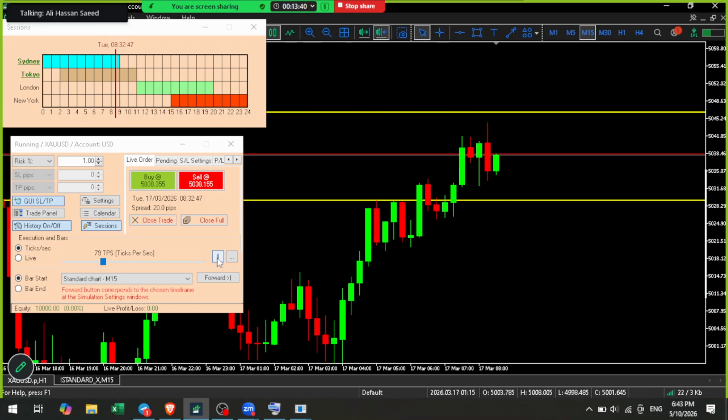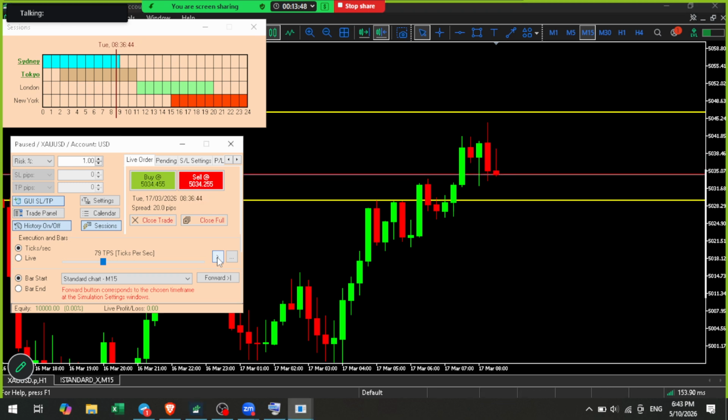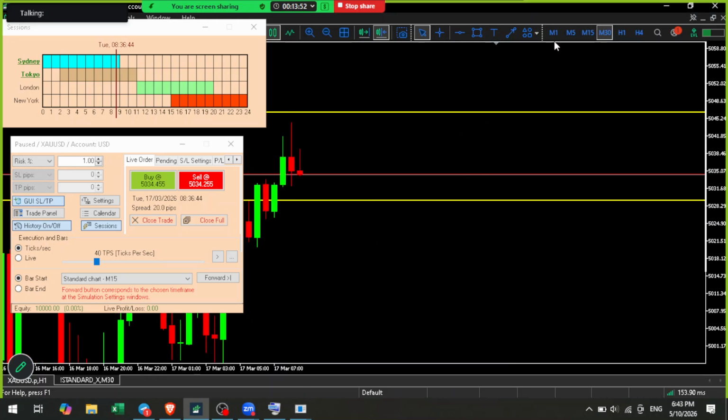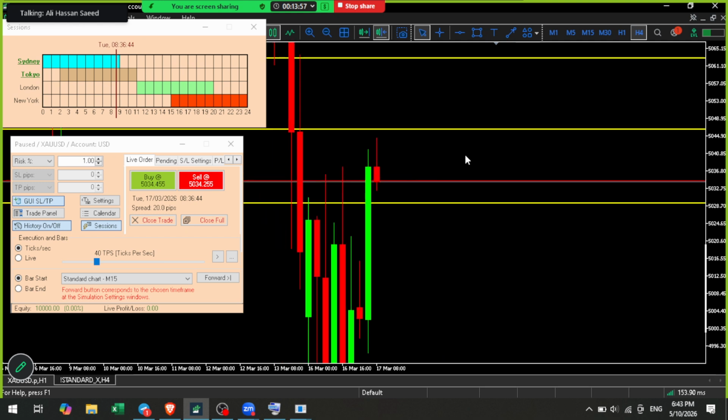30-minute closed, and now the next 30-minute is going, could be a sell. 4 hour, how is the 4 hour doing? 4 hour broke the previous 4 hour candle's high in the first, what is this, 1 hour, maybe 30 minutes, and now it is breaking its own low and going down.